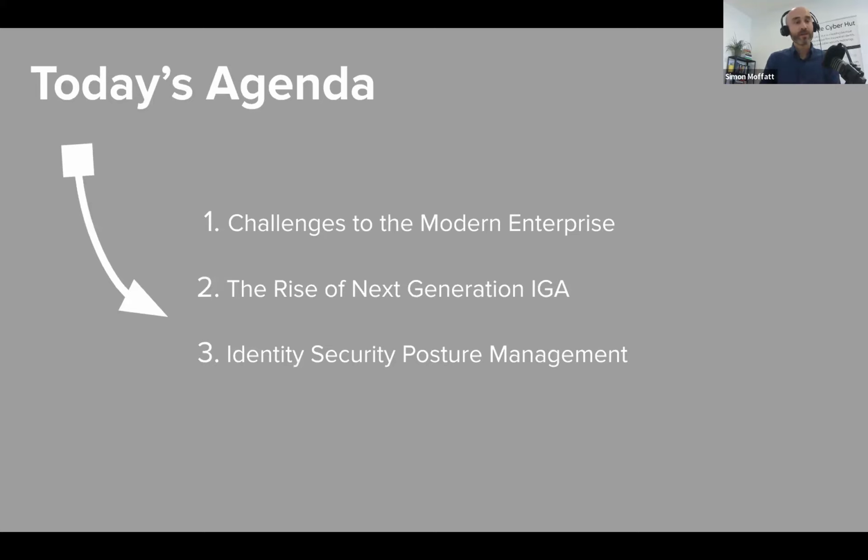We're going to go on a bit of a journey to really understand the challenges facing today's complex modern enterprise, and the technical and business challenges that they are facing, which is really warranting a huge innovation in how IGA is being deployed. We're then going to go through some of the requirements and capabilities of what that next generation looks like, before concluding with a bit of a discussion on identity security posture management in general.